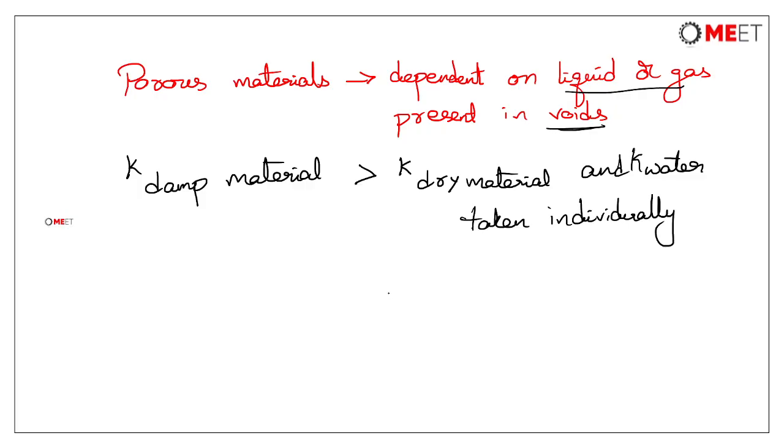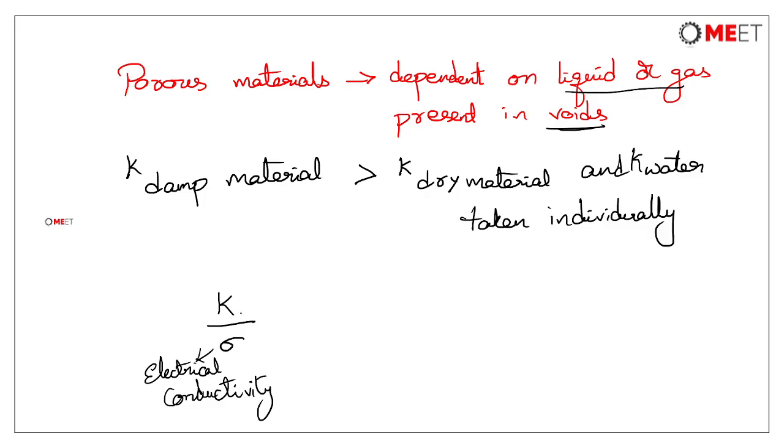And the ratio of thermal and electrical conductivities is the same for all metals at the same temperature, and that ratio is directly proportional to the absolute temperature of the material. So K by sigma, where sigma is the electrical conductivity and K is the thermal conductivity.